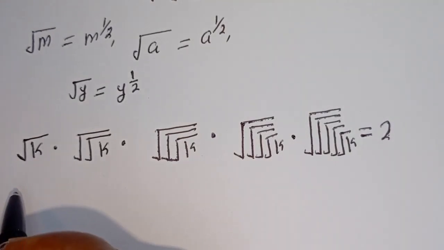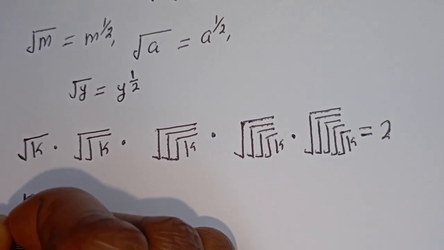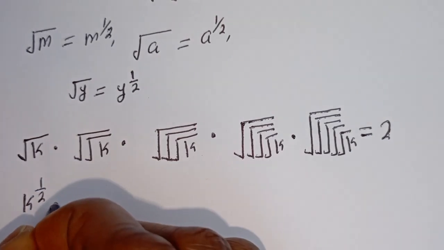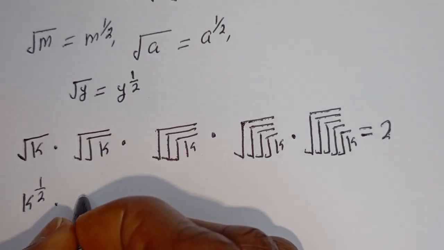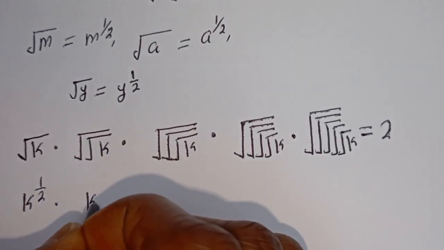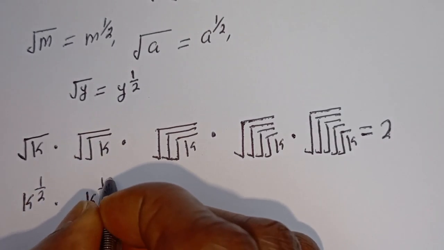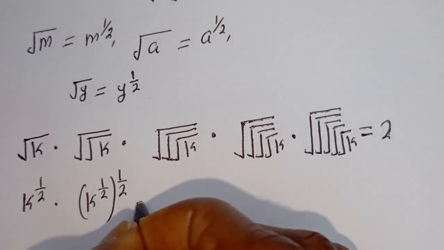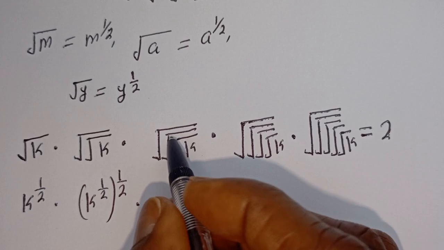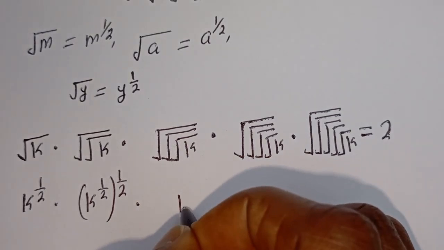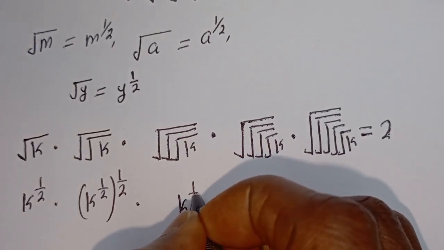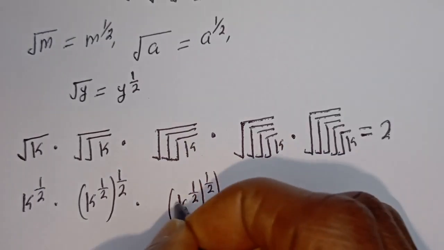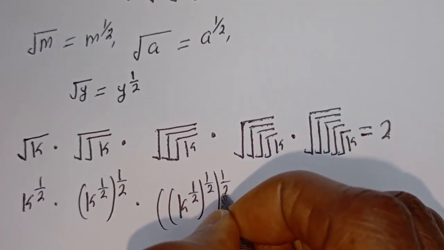Now let's consider this square root of k. This is k to the power of 1 over 2. Then multiply by this square root of k, which is k to the power of 1 over 2 to the power of 1 over 2. Multiply by this one, we have 3 square roots: k to the power of 1 over 2 to the power of 1 over 2 to the power of 1 over 2.